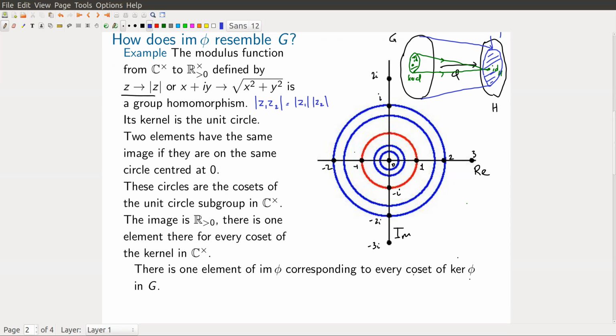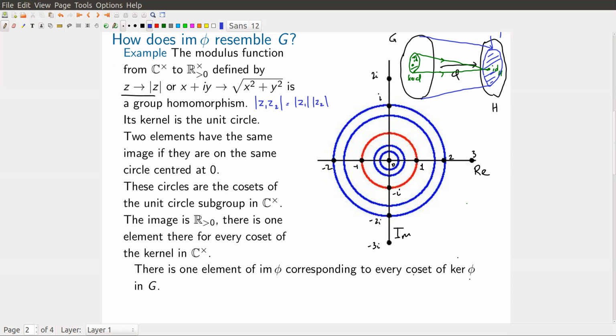Well, two complex numbers have the same image under the modulus function if they are the same distance away from 0 in the complex plane. So if they're on the same circle centered at 0. So the picture here is supposed to show some circles centered at 0. The red one is marked deliberately in red to show that it's the kernel of the homomorphism. It's the unit circle. The other circles are concentric with that one.